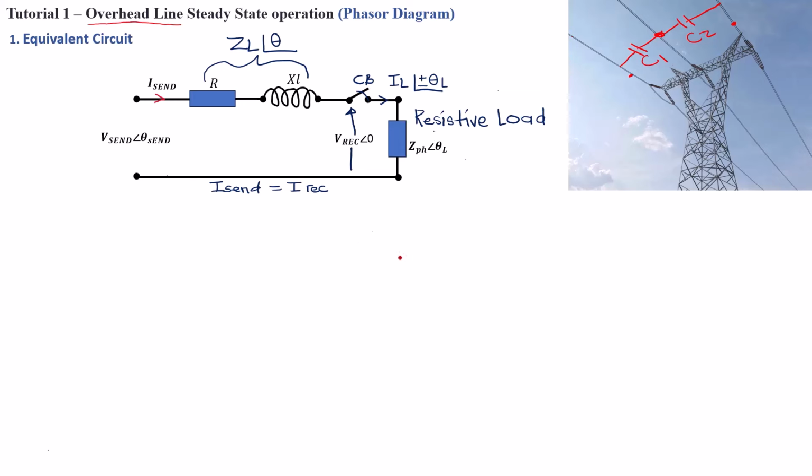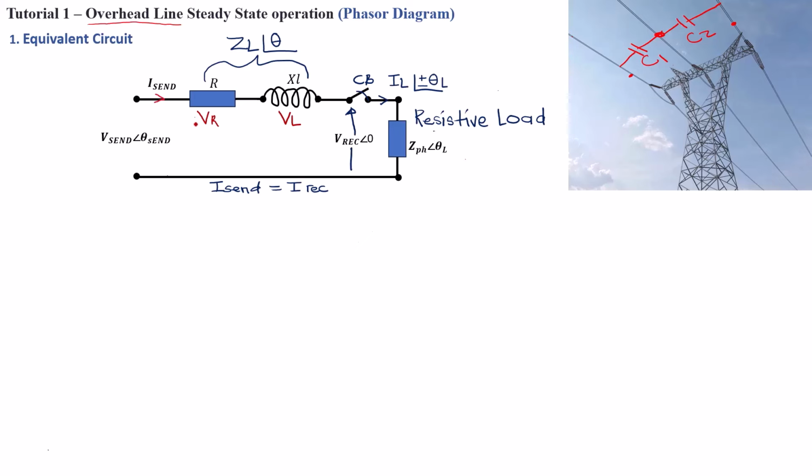Before we can proceed with the phasor diagram, there are two important elements that we missed. They are the voltage drops across the transmission line. So we've got R and we've got XL. The voltage drop here will be VR, and on XL we're also going to have a voltage drop VL that will have a 90-degree angle, and VR will have a 0-degree angle.